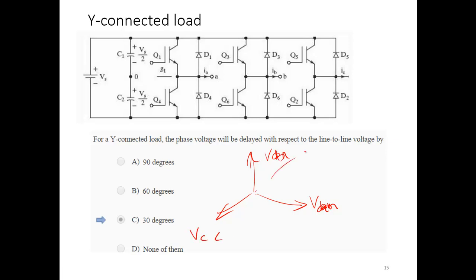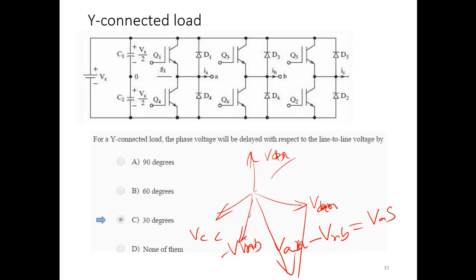VAN minus VBN will give you VAB, right? Then if you bring in the negative of VBN, that is VNB, and somewhere in between them will be the resultant VAB.